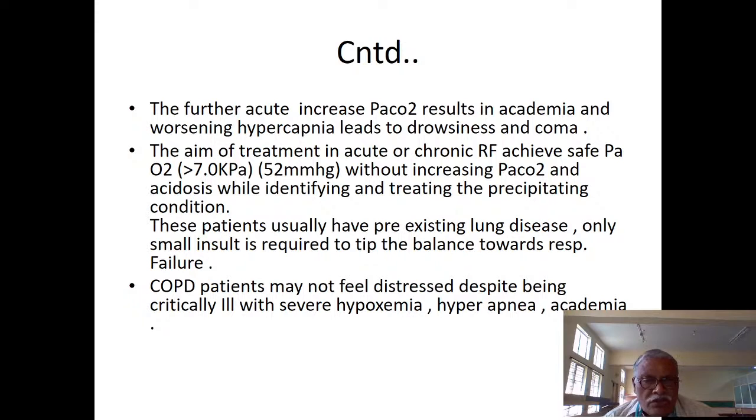These patients usually have pre-existing lung disease and only a small insult is required to tip the balance towards respiratory failure. COPD patients may not feel distressed despite being critically ill with severe hypoxemia, hypercapnia and acidemia.